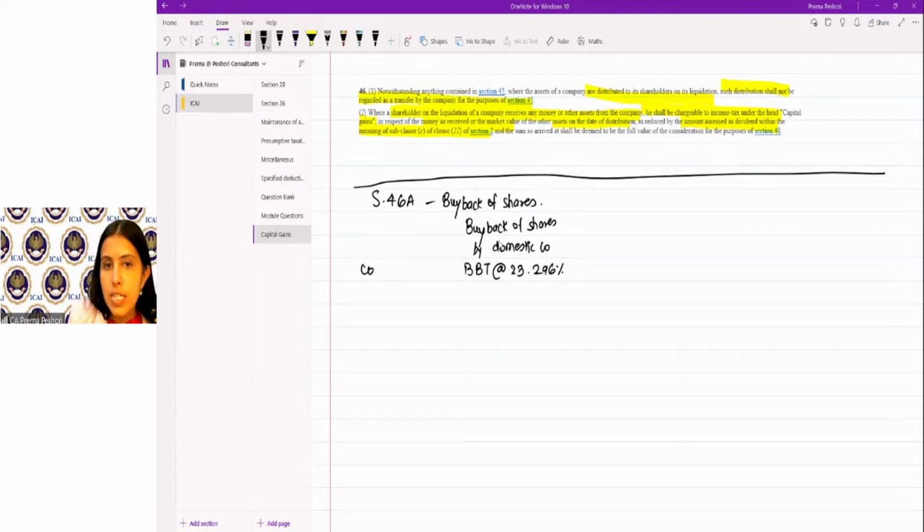This is under section 115QA. And in the hands of the shareholder, the income is exempt under section 10(34A).